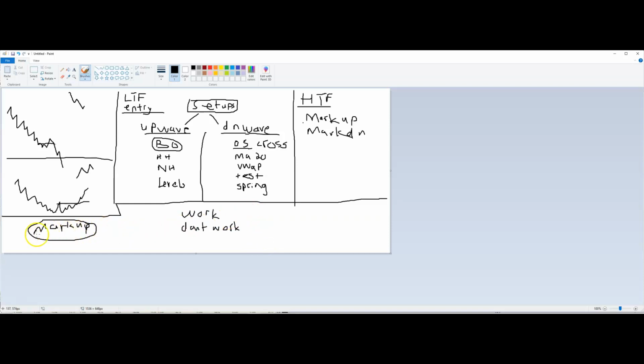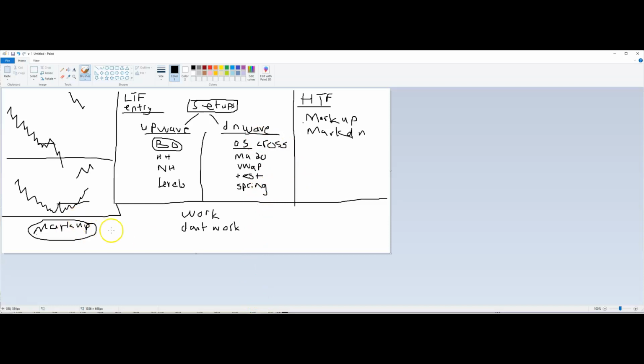Listen, do 100 trades and you will see that what makes it work and what makes it not work is whether the higher time frame is in markup or markdown. The same exact setup, whatever you're using, even MA crosses, when they cross and the market has relative strength and trend and markup, it's clearly in markup and pulls back and you get a simple cross, all of a sudden it starts working. Even when it gets into oversold and does all that stuff, it starts working.